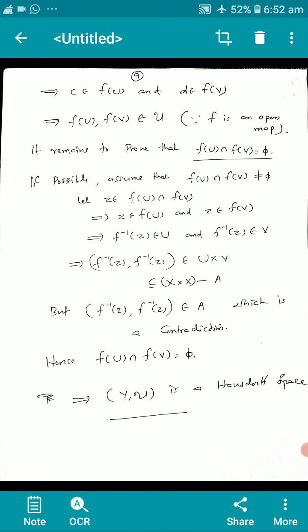And it remains to prove that f of U intersection f of V equal to phi.